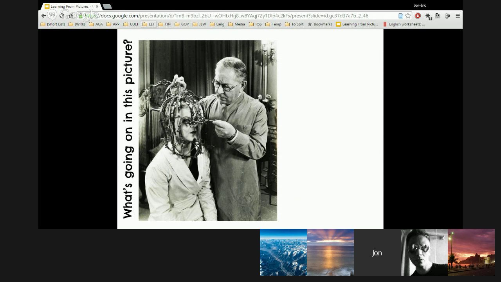Natasha, what's your guess? Do you think this is a doctor designing eyeglasses? No, pretty no. I don't think that it's torture because they are both very relaxing.